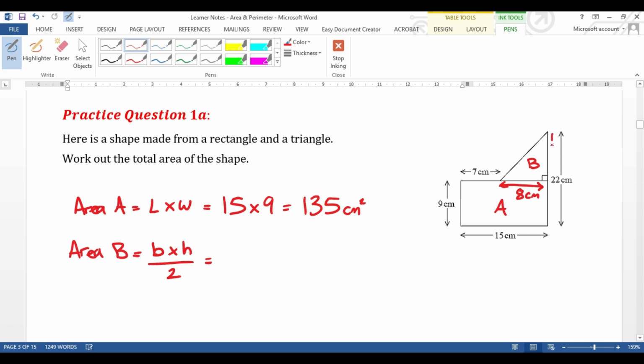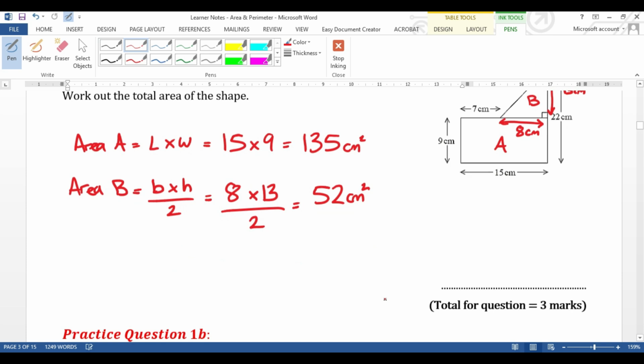And I'm going to need the height, which is this one here, from there to there. 22 take away 9, which is 13 centimeters there. So I'm going to do 8 times 13 divided by 2. So 8 times 13 divided by 2 is 52 centimeters squared.